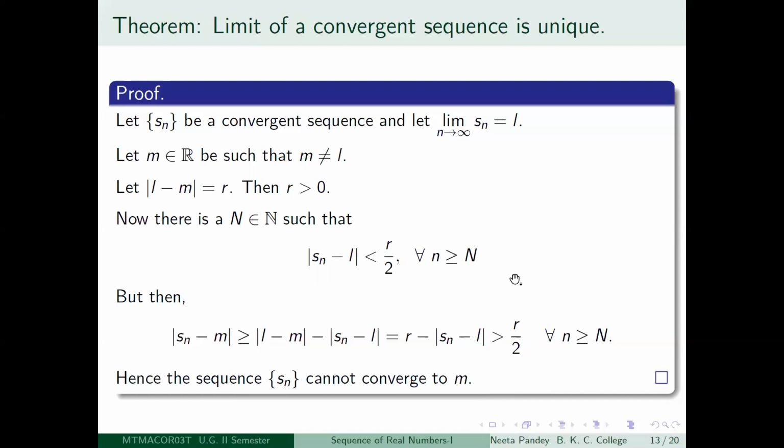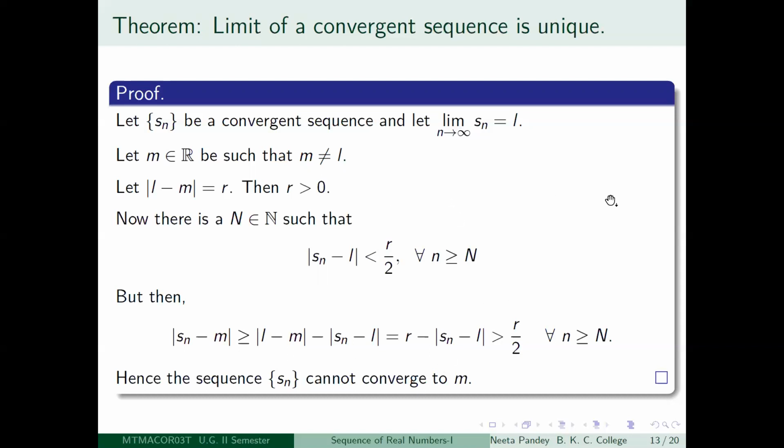That means the R by 2 neighborhood of m will not contain any term of the sequence after the capital Nth term. So the sequence Sn cannot converge to m. If it had to converge to m, any neighborhood of m should have contained infinitely many points of the sequence after a certain term, but that is not happening here.